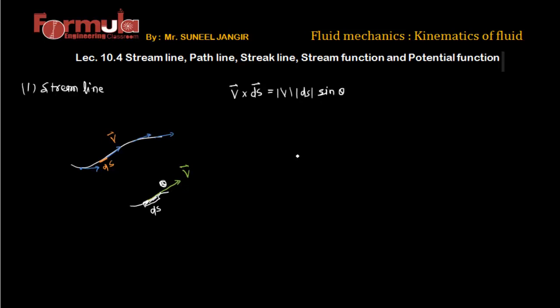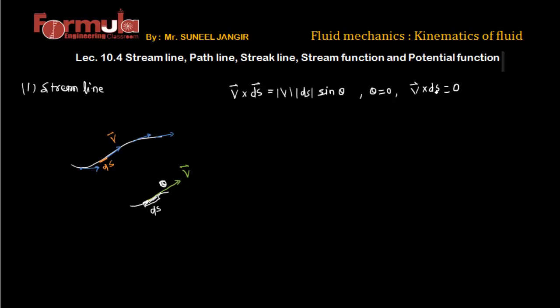Obviously, when we say this line is tangent to these velocity vectors, the angle between velocity vector v and ds is 0. So as theta is 0, this whole term is going to be 0 because sine 0 is 0. So we can say that v cross ds is equal to 0.